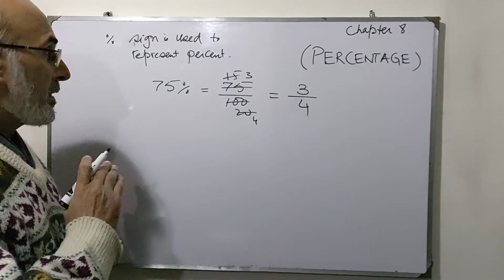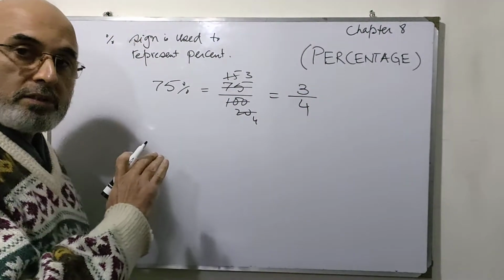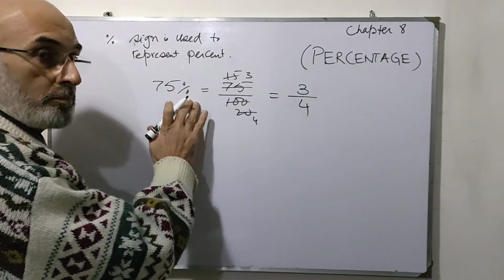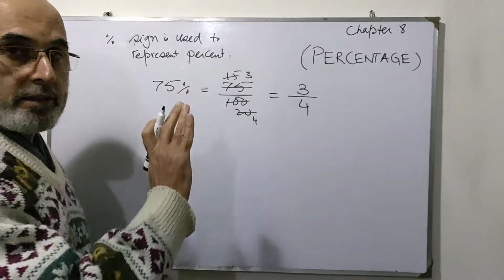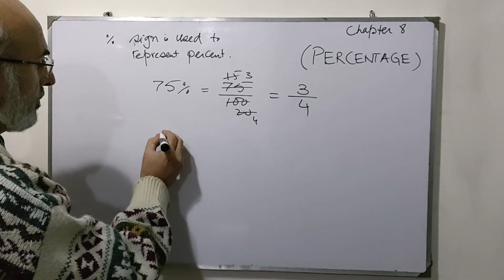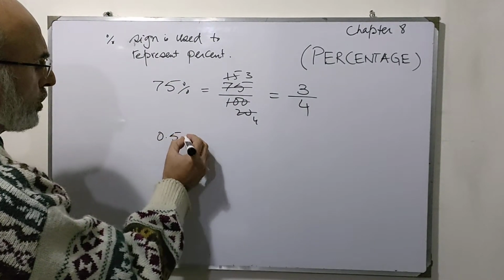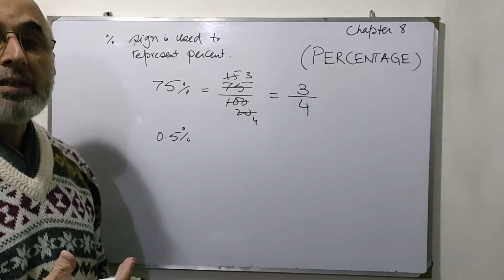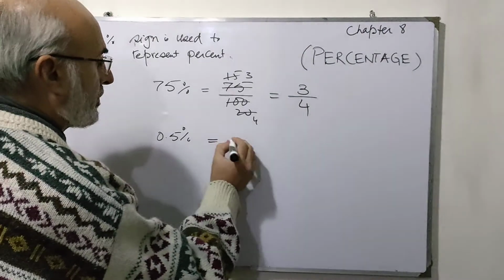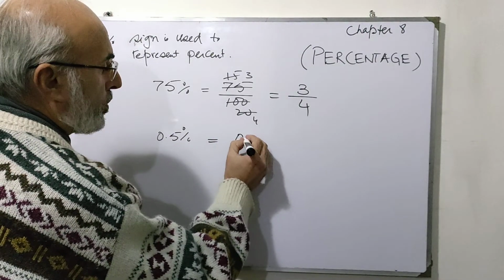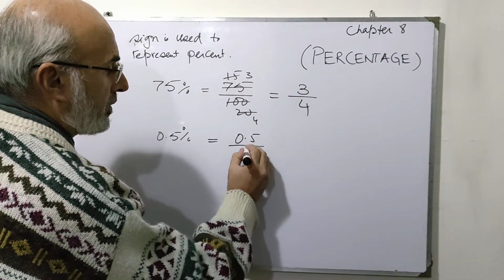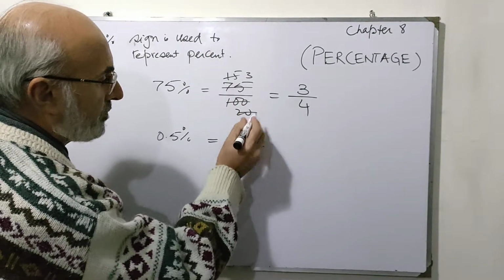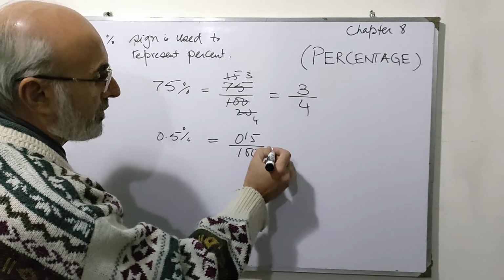So percentage was given to us and we want to know the fraction. To remove this percent sign, we are dividing by 100. Suppose we have another one, 0.5%. We have to see what it is in fraction. 0.5 divided by 100, and if we want to remove this decimal, we put another 0.